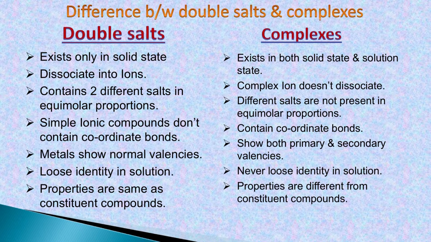Double salts lose their identity and properties. Complexes do not lose their identity and properties. So, this is the basic difference between a double salt and a complex. Many times this has been asked in CBSE examinations: give the difference between the two.